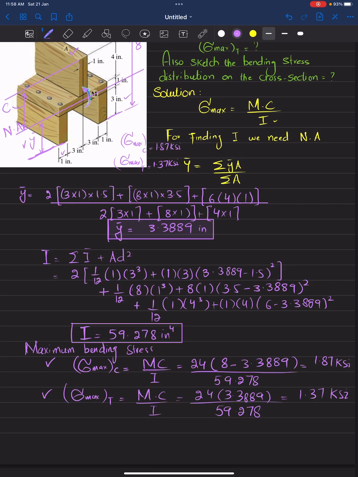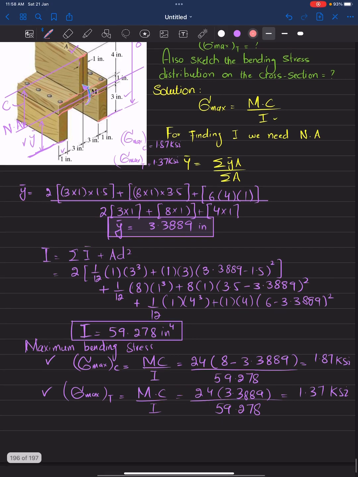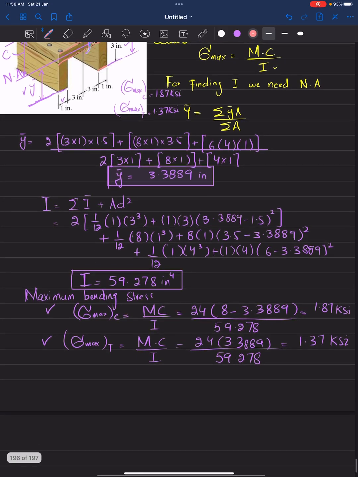So this is the stress at this portion, sigma C, and this sigma T is the stress at this portion. Now what about the stress in this portion and in this portion, because we are going to plot the variation. So for that I will find these stresses as well.